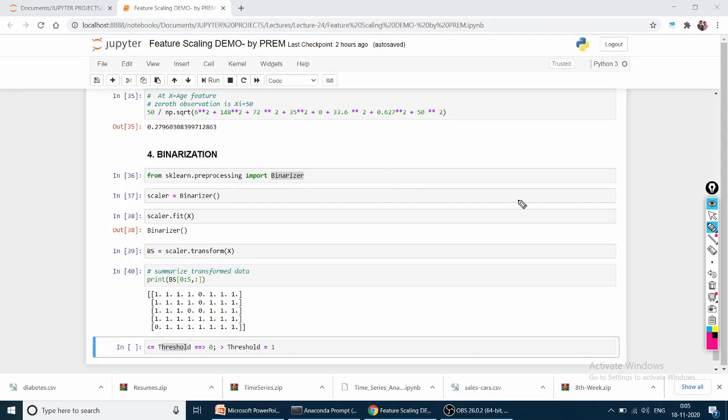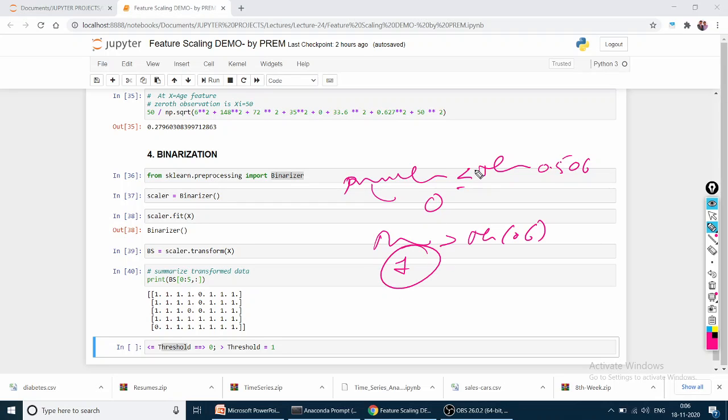If you get probabilistic values that are less than or equal to some threshold value, for example 0.5 or 0.6, those values are replaced with 0. Probabilistic values greater than the threshold value, for example 0.6, are replaced with 1. This is the binarization scaling technique.